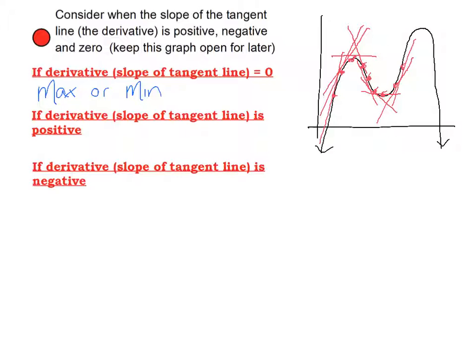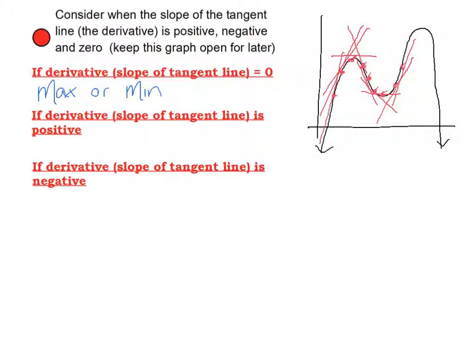Now let's look at the other side of this. What did you notice about all the ones that had a positive slope? Think of all these first ones. They all had positive slope. And then it hit that max, and then it started having a negative slope. And then it was back to a min, and now we were back to a positive slope. What's going on with our function so that those tangent lines have positive slopes? Hopefully you can kind of see that.